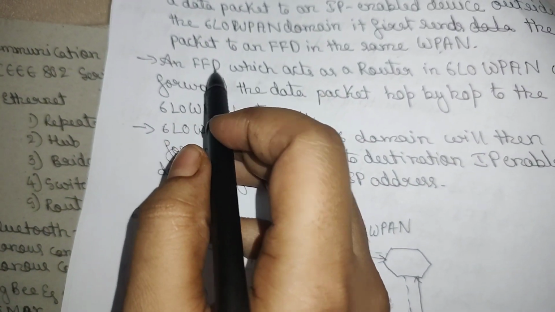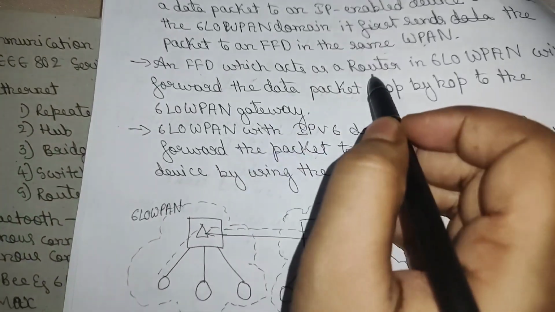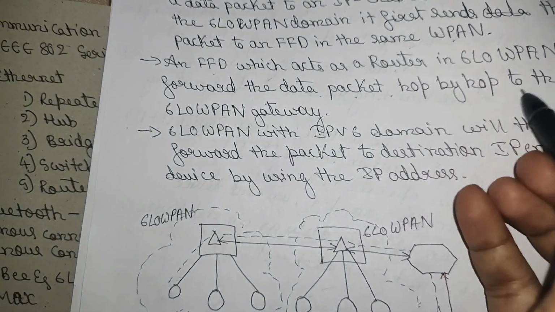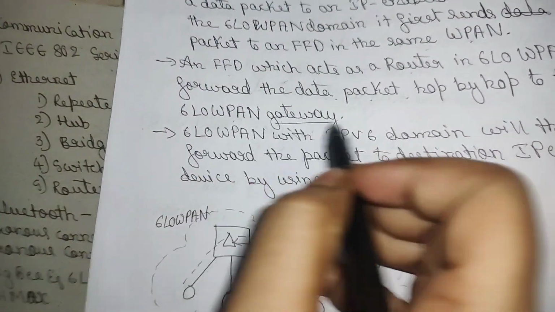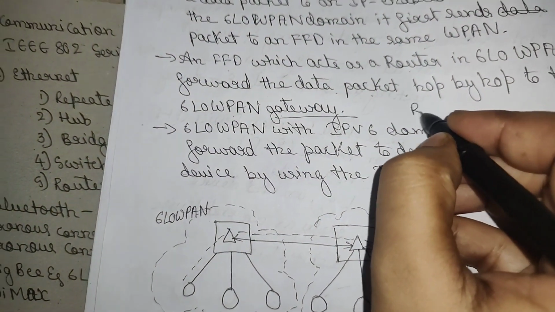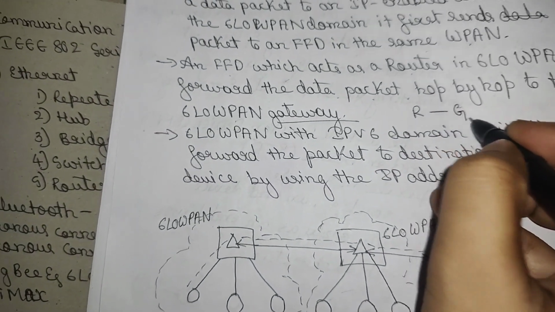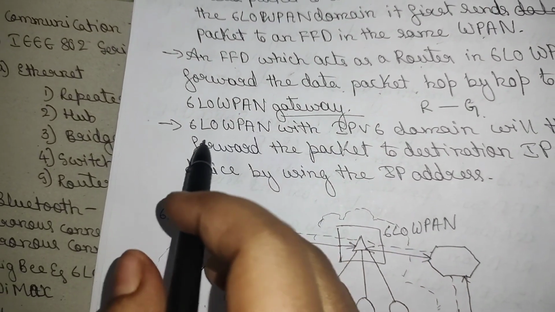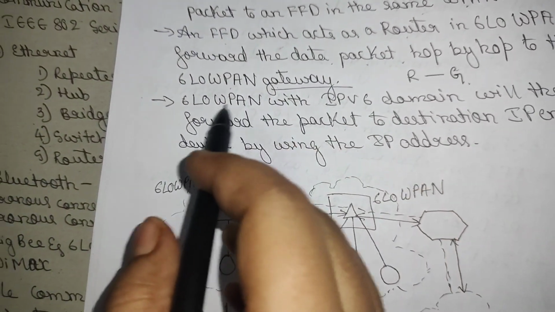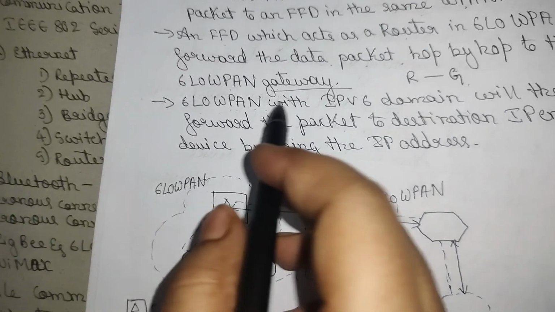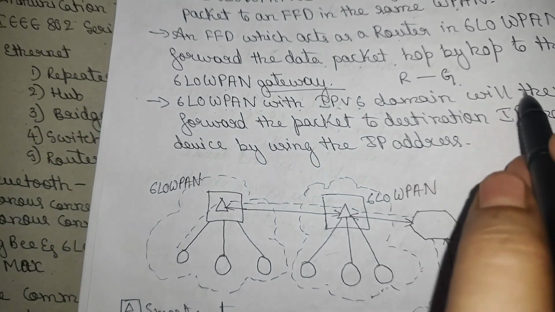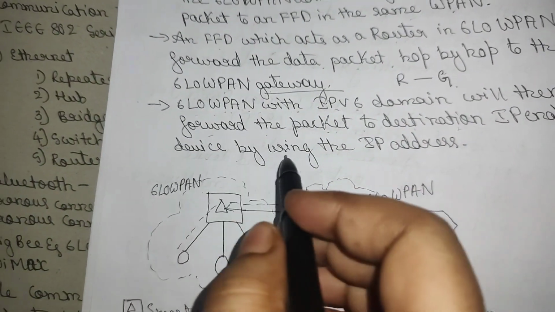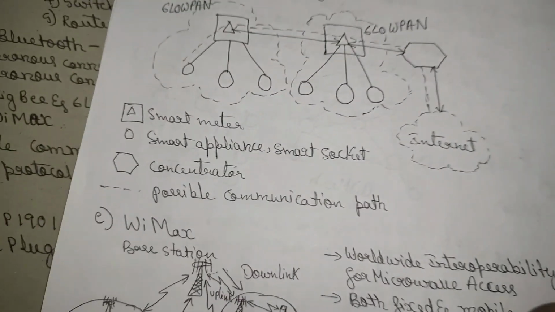What will the FFD do? The FFD, which acts as a router, will forward the data packet hop by hop to the gateway. Router to gateway. Next, the 6LoWPAN gateway with the IPv6 domain will then forward the packet to the destination IP enabled device by using the IP address.